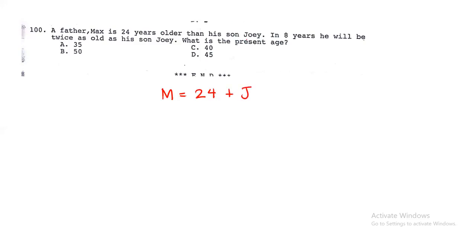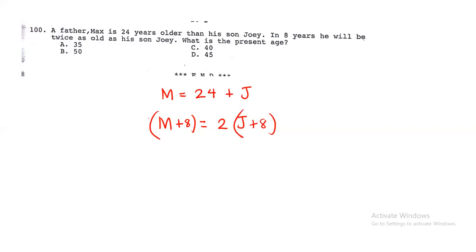Then in 8 years, he will be twice as old as his son Joey. Since in 8 years means future, you add 8 to Max and you also add 8 to Joey.